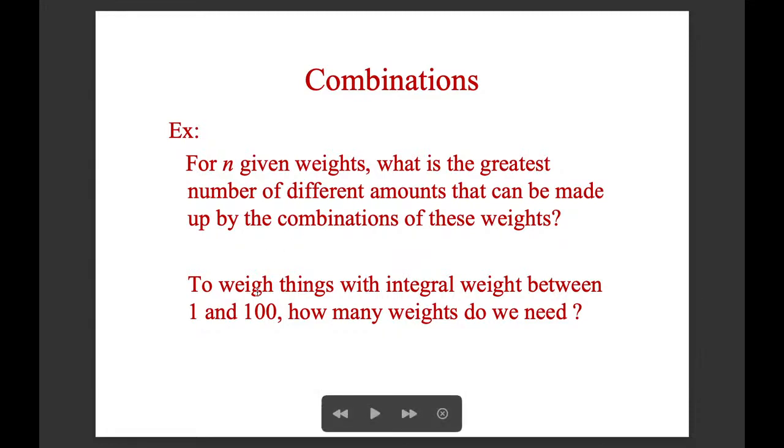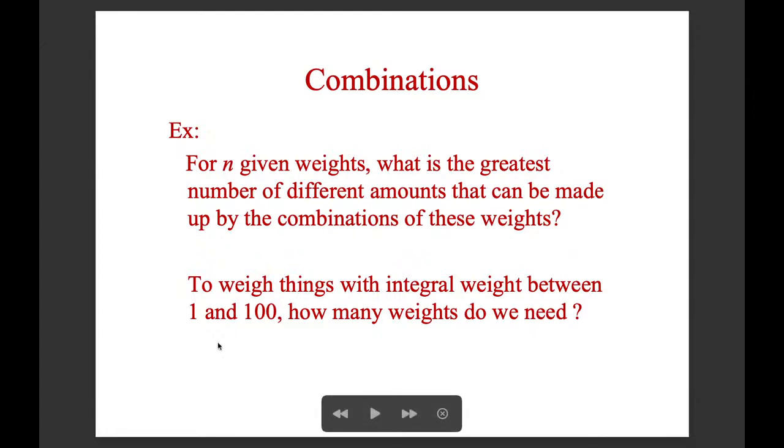So we have an upper bound. But it all depends on what kinds of weights you are using. Maybe you are using weights of the same type. All of them are, let's say, 1 unit. Then no matter how you do the selection, you can't have 2 to the power n. You just have something like n plus 1 different weights that you can measure.